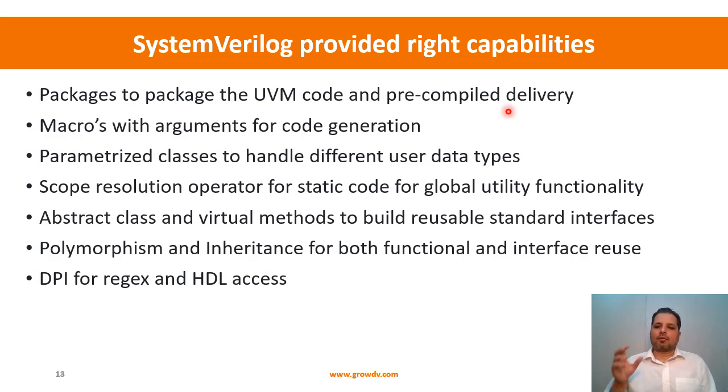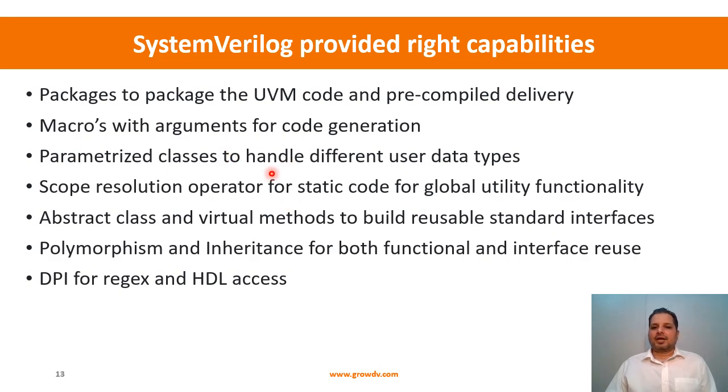It's a SystemVerilog package that is pre-compiled. And then there are macros, the tick defines, which support arguments and aid in some level of code generation. We will see some examples, where multiple lines of code can be replaced with a single-line macro. And then you have parameterized classes; similar to parameterized modules, you can do parameterized classes.